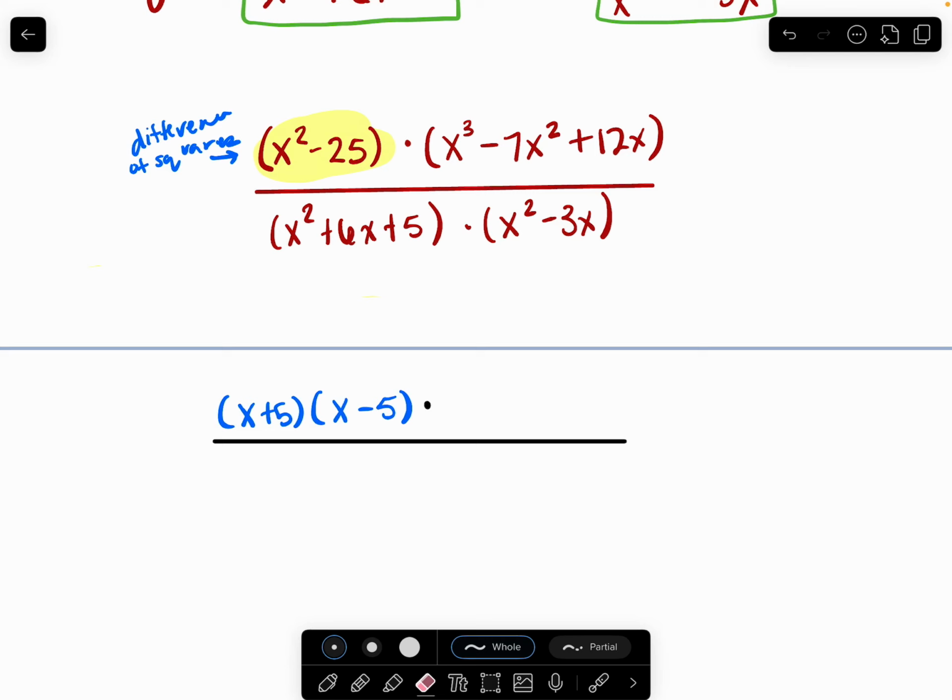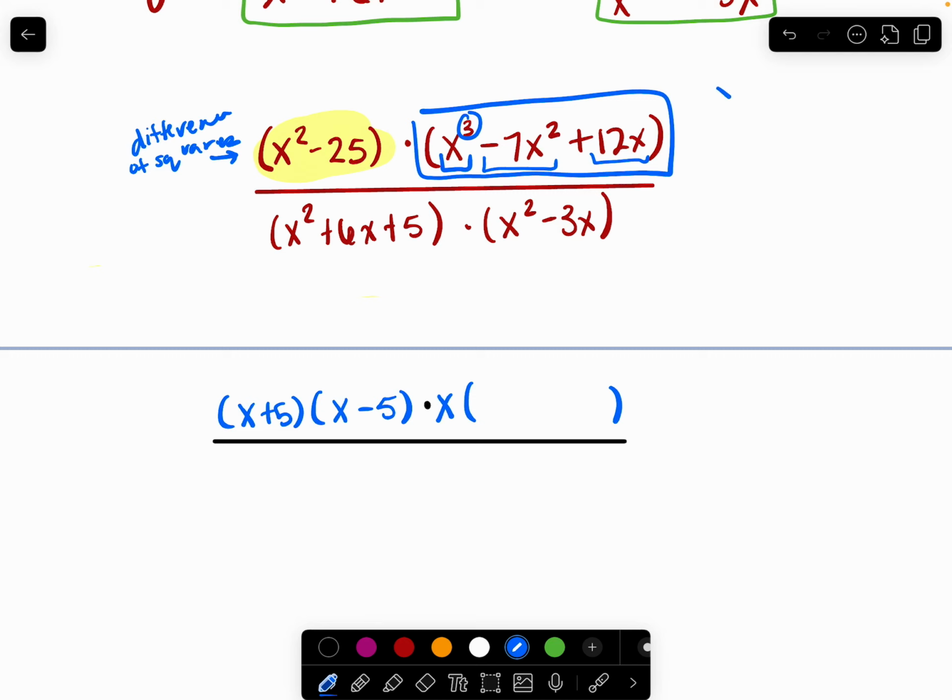So before you even do that part, we can't really do the diamond method here just yet because we have a degree of 3. It looks like we have an x in common, so I'm going to take out an x and whatever is left over inside. So I'm going to put this to the side. I'm going to do x times x squared minus 7x plus 12.